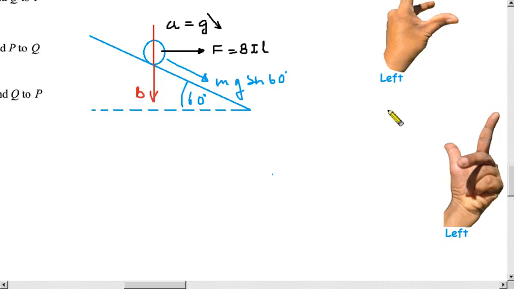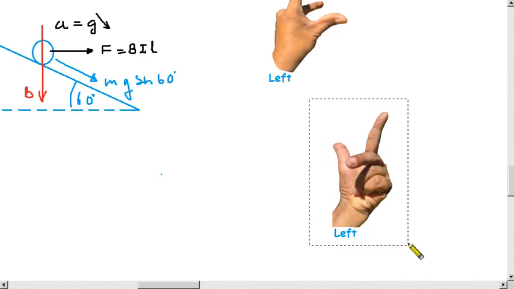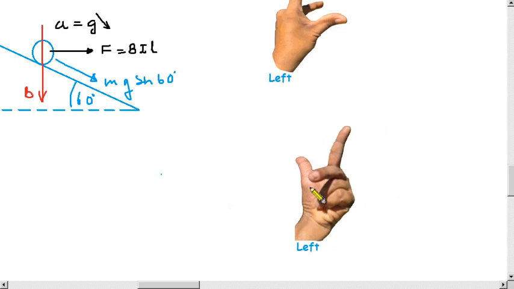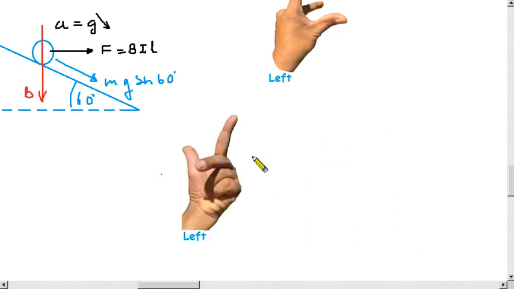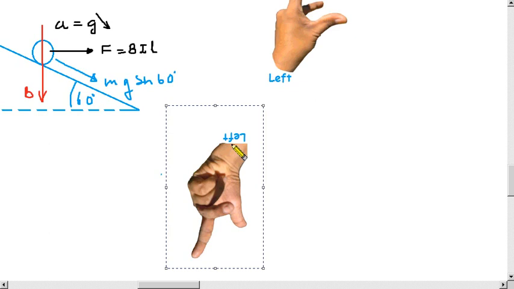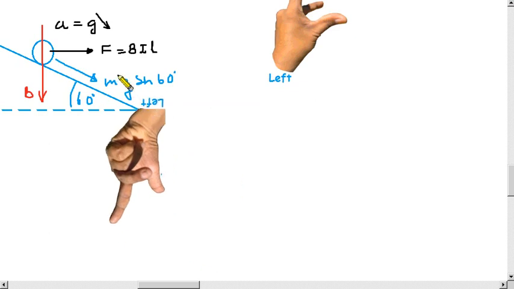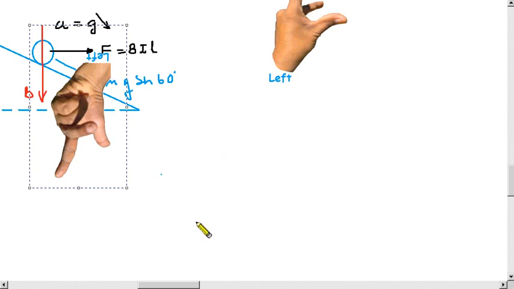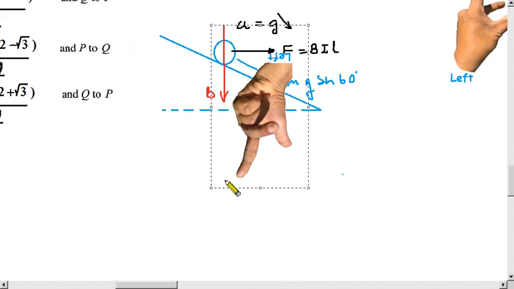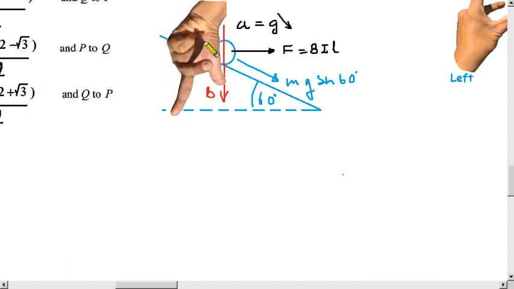Then what shall we do? Let us turn our index finger downwards, like this. It will do, because the B is given downwards. So our index finger should be directed downwards, like this.